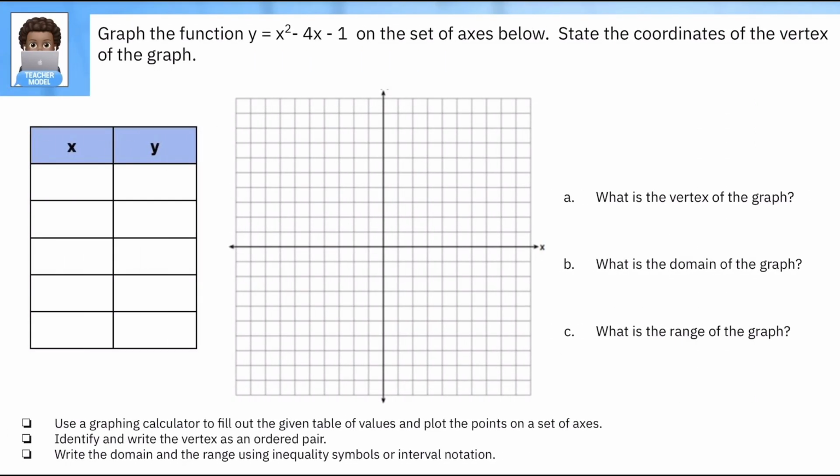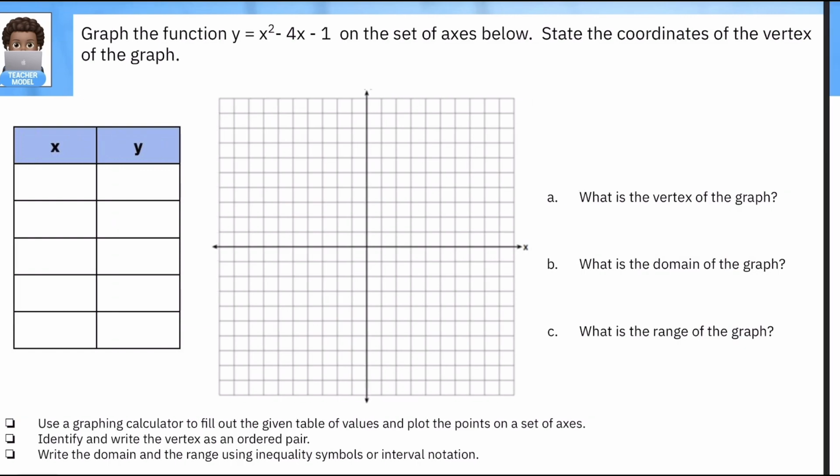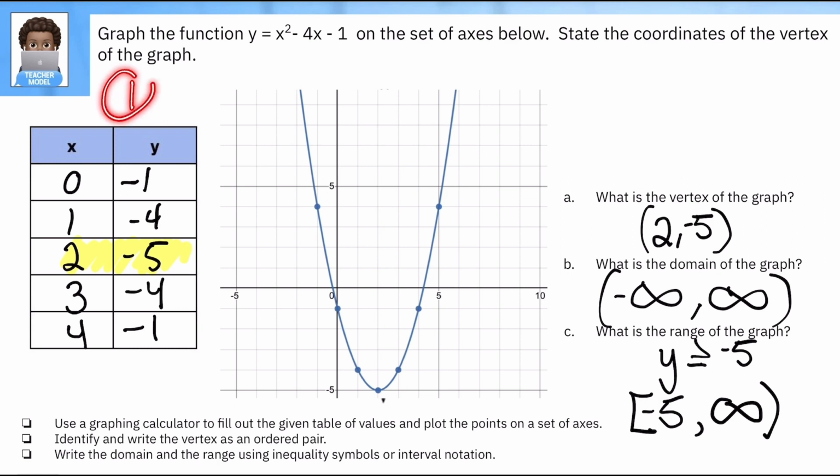All right, let's do the reveal of answers in 3, 2, and 1. All right, here you go. Here are points from our graph. You might have different ones depending on your x-axis. Here is the actual graph directly from Desmos. And using our graph, we can identify our vertex as 2, -5. Our domain, our x values, go infinitely in both directions.